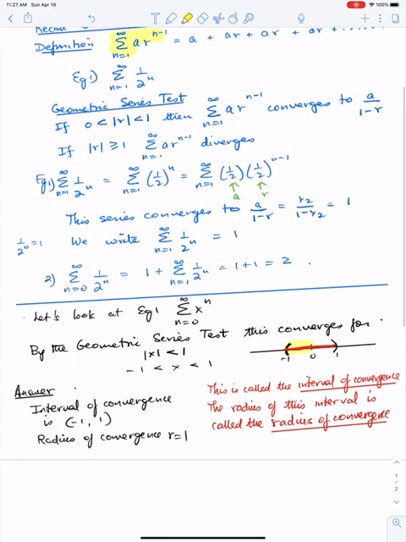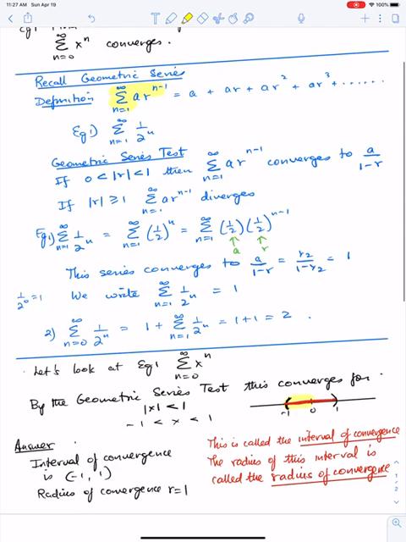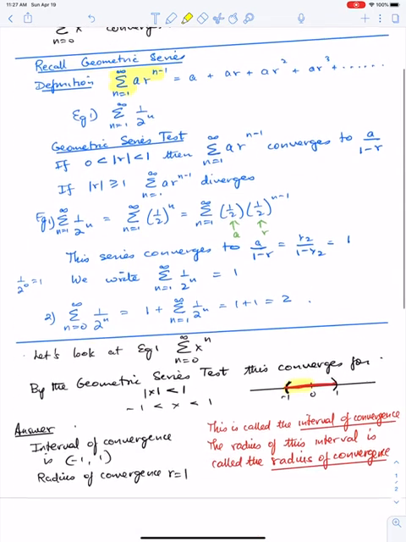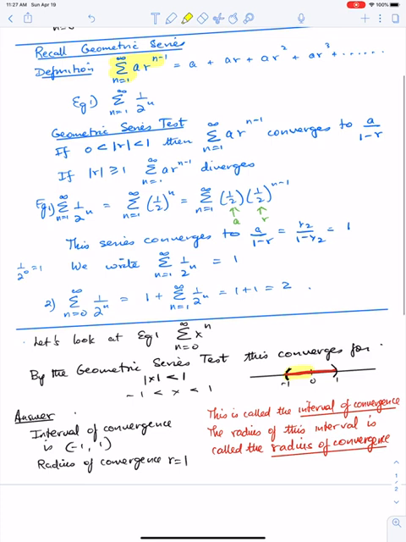And in terms of the domain that we had in the previous lecture, the domain of the function, the sum of the power series, is -1 to 1. We'll just call it interval of convergence.